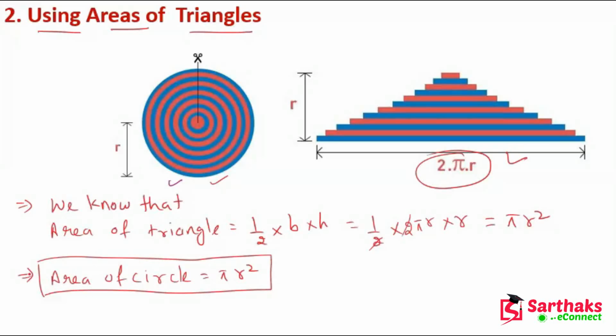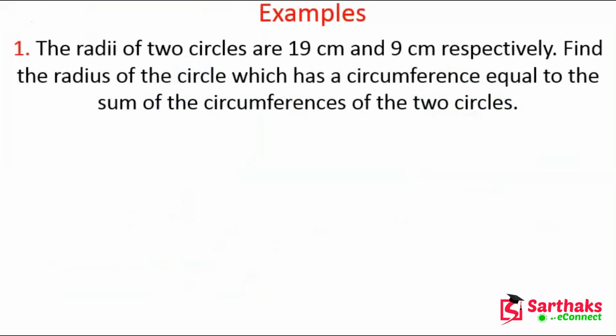Okay, my dear friends, so now let's move on. Yes, so now we have to do some questions. The first question is, the radii of two circles are 19 centimeter and 9 centimeter respectively. Now we have two circles C1 and C2.